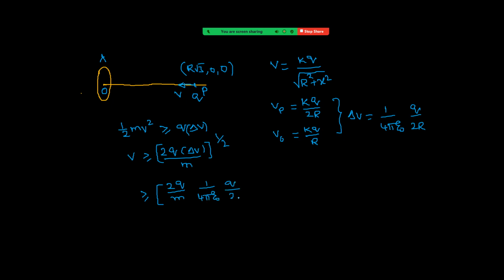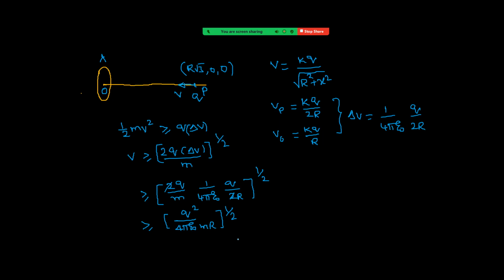Now substitute that in place of delta V: 2q by m times 1 by 4 pi epsilon naught times Q by 2R, all under root. Now the 2 gets cancelled, and our answer is q square by 4 pi epsilon naught m r, under root.